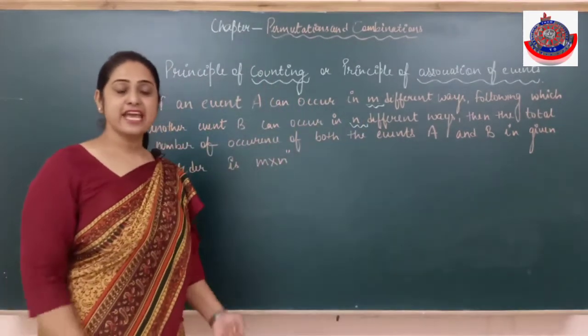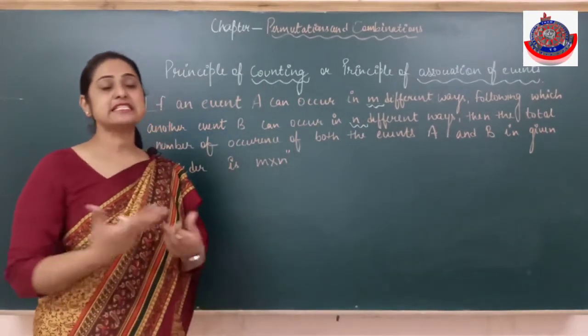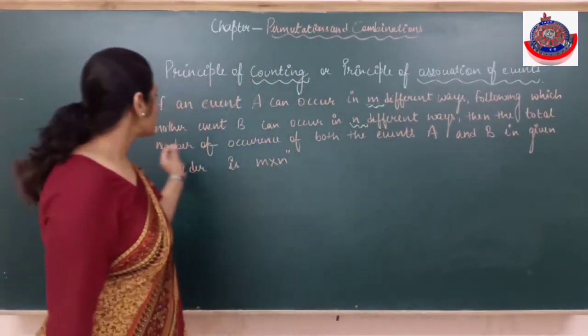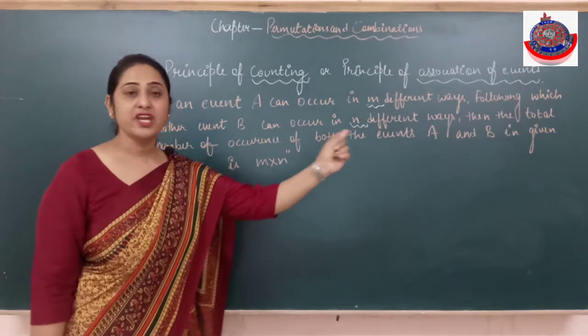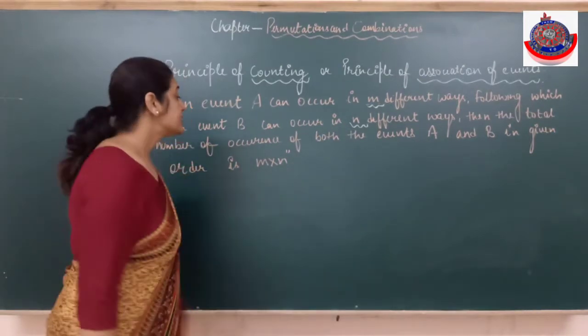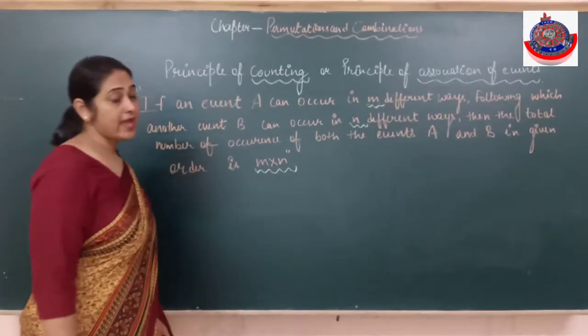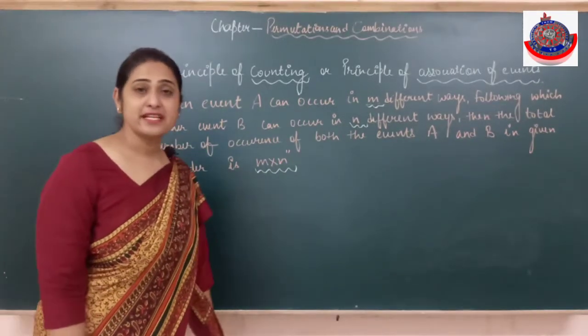The first task can be performed in m different ways and the second task can be performed in n different ways. Then the total number of occurrences of both the events A and B is given by m into n. It's exactly the same as what we did in the example.